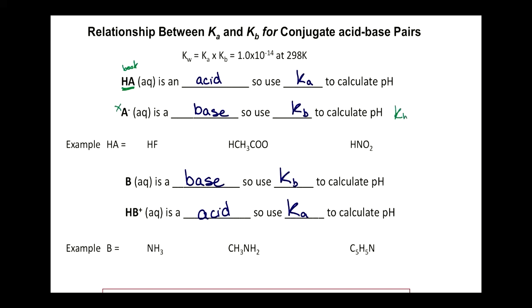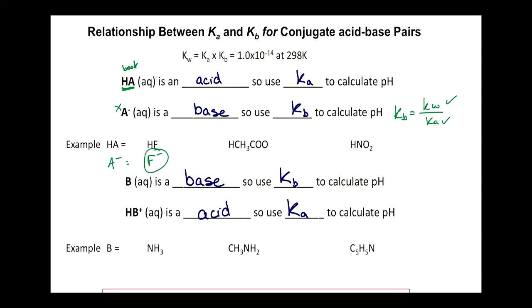So here, Kb is equal to Kw over Ka. You know Ka, you know Kw, so you just have to futz around to get what Kb is if you put A minus into solution. So some examples of A minus. You can calculate the pH of an HF solution if I give you Ka, but you have to use Kb if you put F minus into solution.